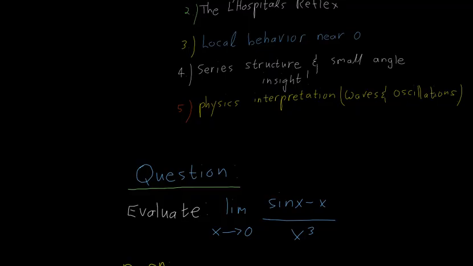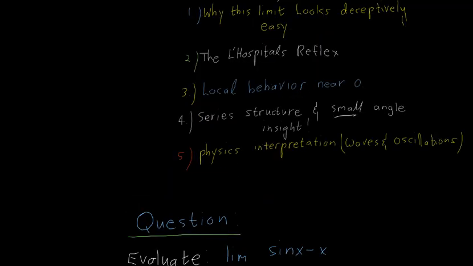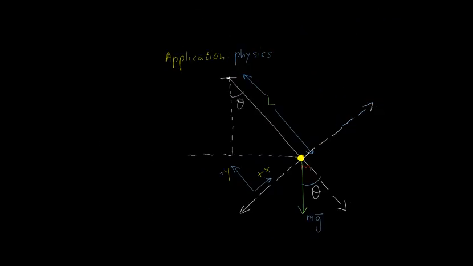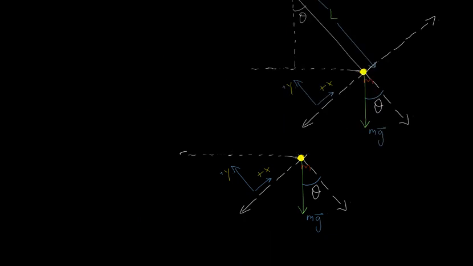Small angle approximation. The small angle approximation for sine x is x. So sine x is approximately x. I'm going to put over here small angle. So I used the small angle approximation to solve this problem, well, part of it, it's embedded in the Maclaurin expansion of sine x.